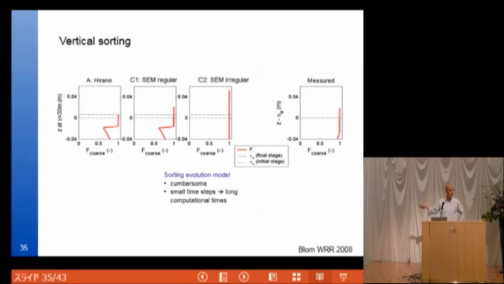This model also does a good job in the substrate. But implementing this is cumbersome. You need small time steps, and so a very long time for integrating these equations.